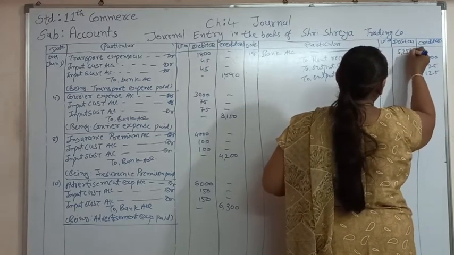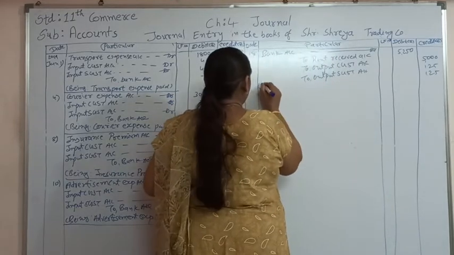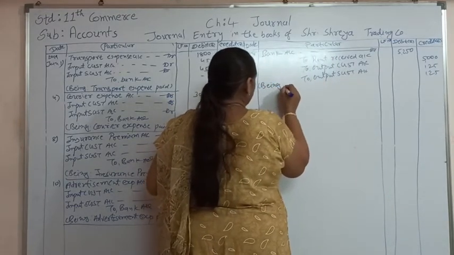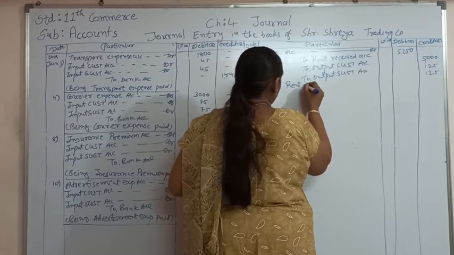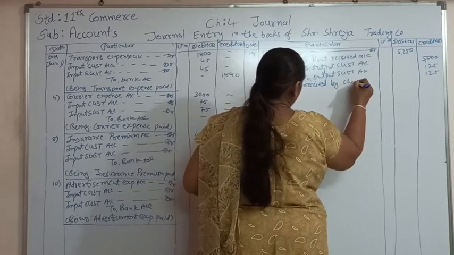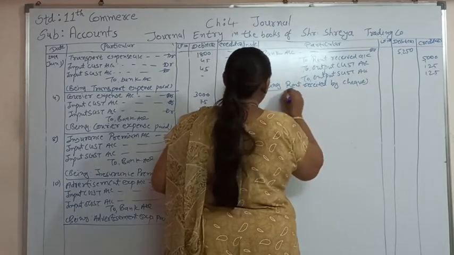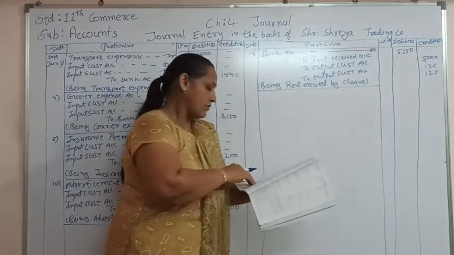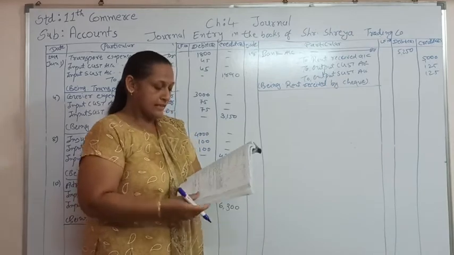Total will be 5,250. Being rent received by check. So for that, now let's see the next transaction.